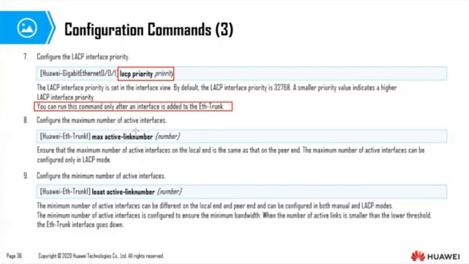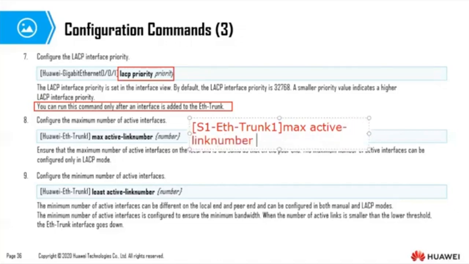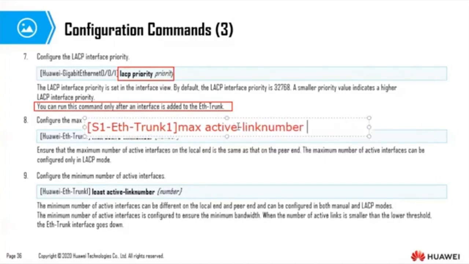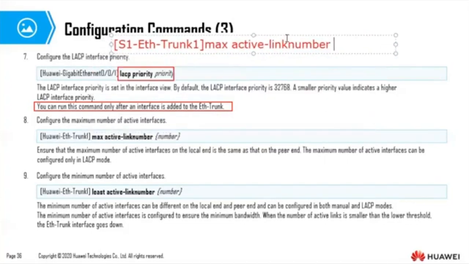Then you can configure the maximum number of active interfaces. So this is actually the correct one. Earlier I had typed the wrong command, so let me just type it again. If you're on S1 and you're on Eth-Trunk 1, the command is max active-linknumber, and then a value.